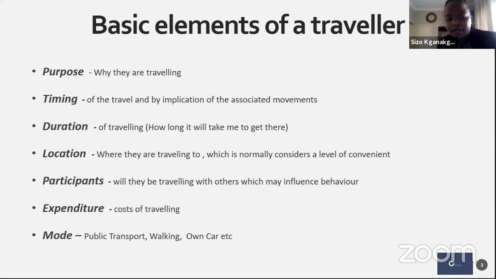They look at the duration of traveling, or how long it will take them to get there, and the location in terms of where they're going, as well as who they will be taking with them as participants. They think about the cost in terms of how much it will cost them to travel, and then they think about which is the best mode to choose. And this is basically the basic element of a traveler.